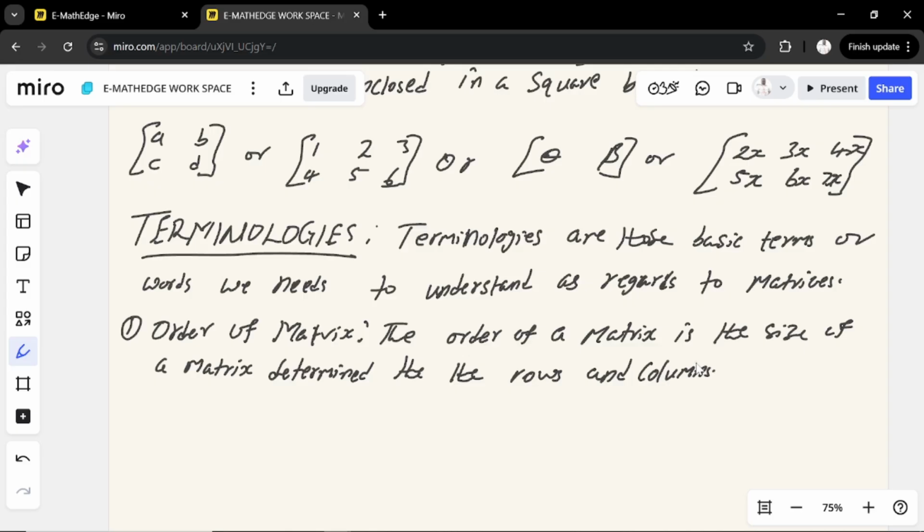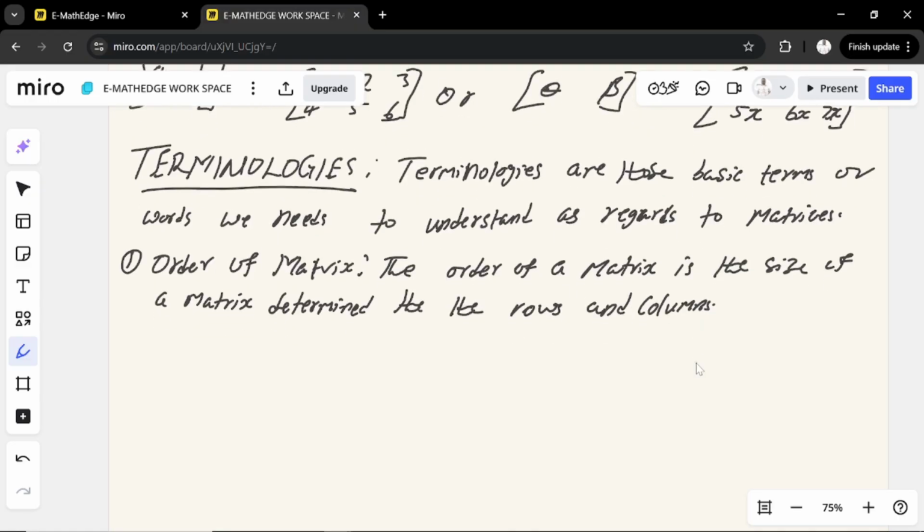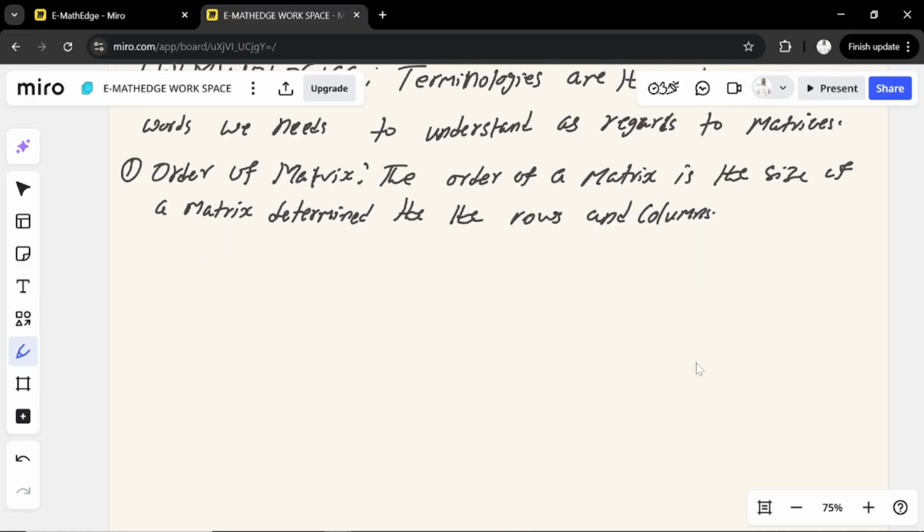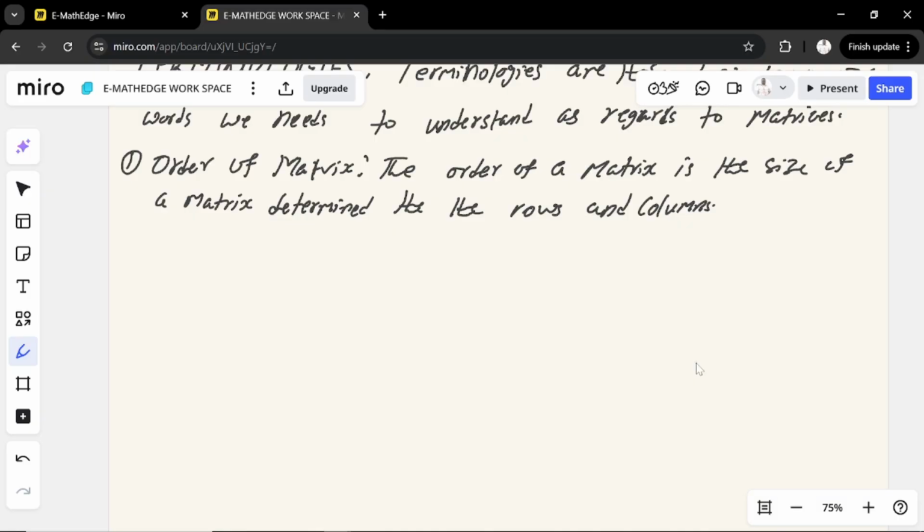So the order of a matrix is the size of that matrix, which is determined by either the row or the column or by the row and the column. So let's look at an example.